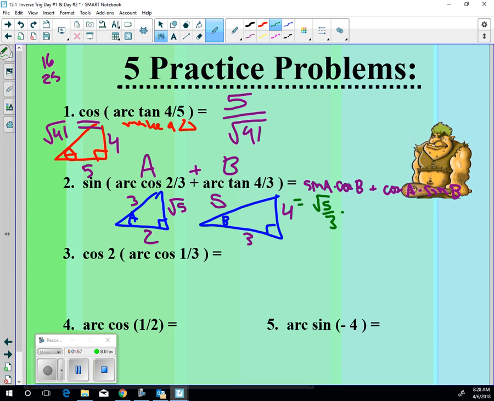The cosine of B is 3/5. The cosine of A is 2/3. And the sine of B is 4/5. So simplifying this somewhat, it's 3 square root of 5 plus 8 all over 15.